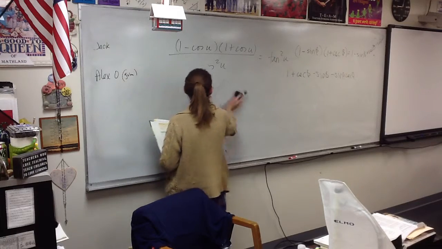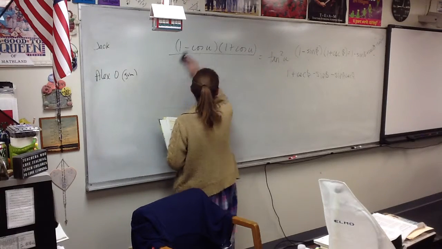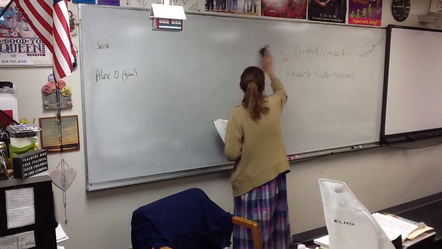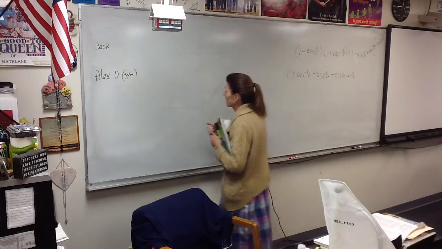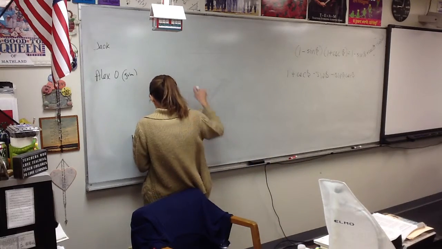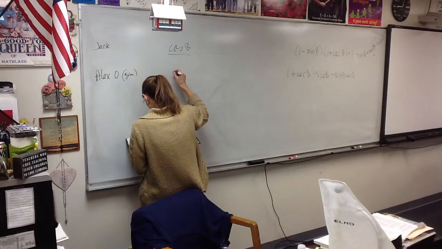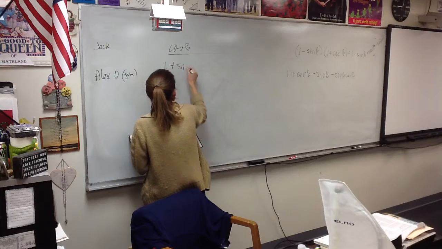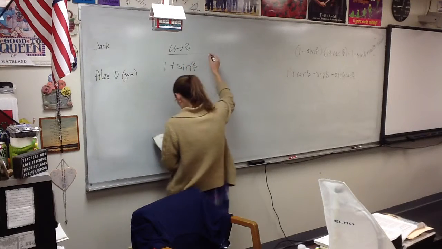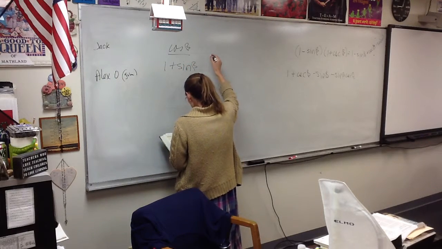Okay, now, we did something kind of like 25 yesterday. This is one of those that when you look at it, you think, I don't know what to do. Because there's no foiling.